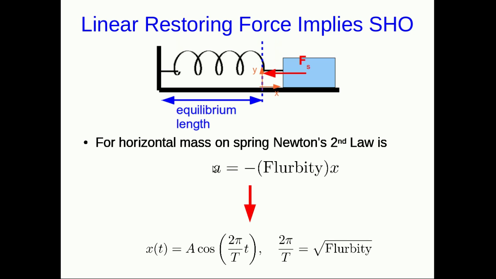So any time we have a linear restoring force, we know we'll get a sinusoidal position versus time, and out of Newton's second law, we can just read what 2 pi over the period is going to be.